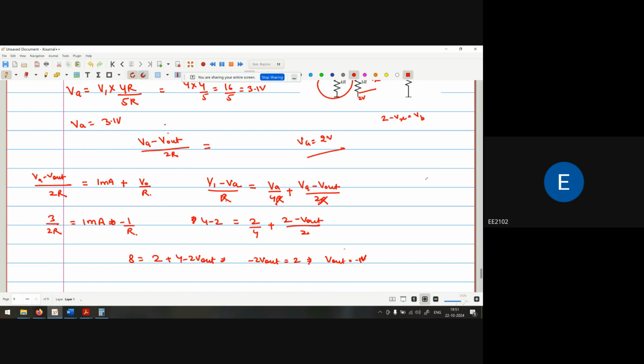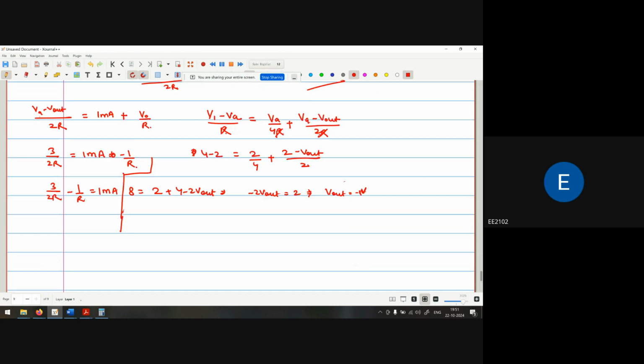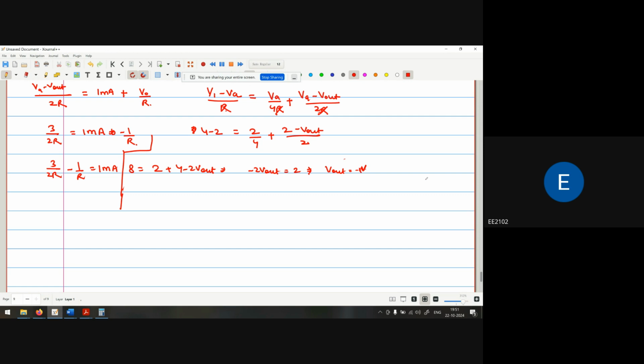So taking this to one side, 3 upon 2R minus 1 upon R is 1 milliamp. Taking the 2R LCM, it is 3 minus 2 equal to 1.